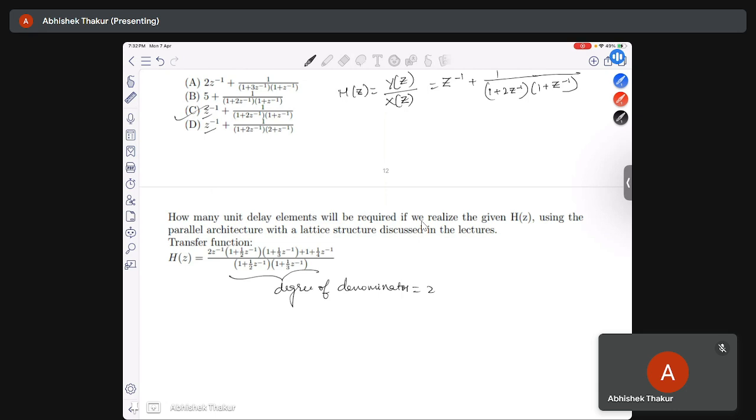Hence, the number of steps to be used in the lattice is equal to the number of delay elements to be used in the lattice, that is equal to 2. And in this, an additional delay unit is also required for the 2z inverse component of the parallel architecture. So the option will be 3. Answer will be 3.